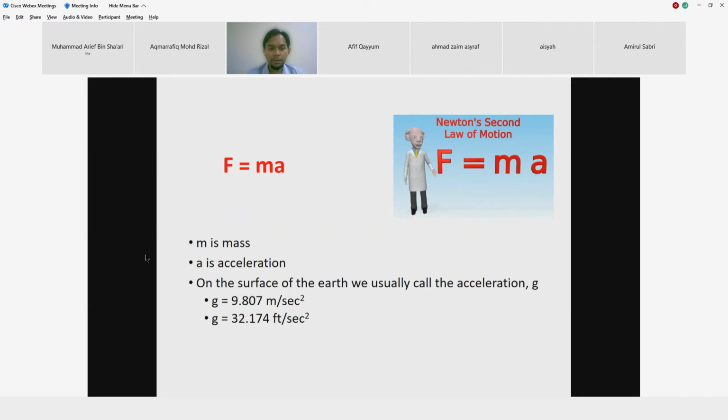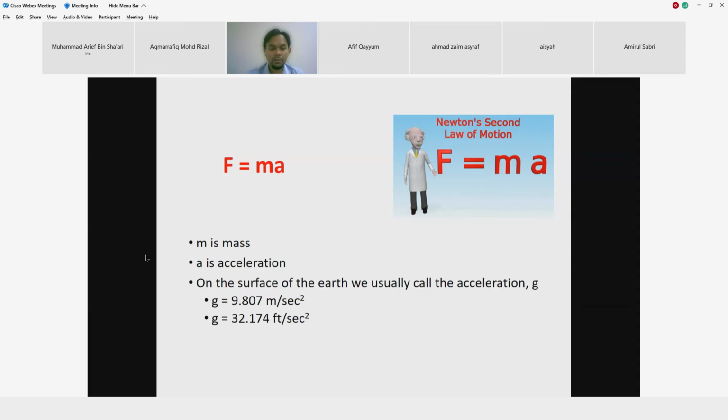F equal to ma, most of us know about this Newton's second law of motion. F is force, m is mass, and a is acceleration. On the surface of the Earth, we usually call the acceleration g, gravitational acceleration.